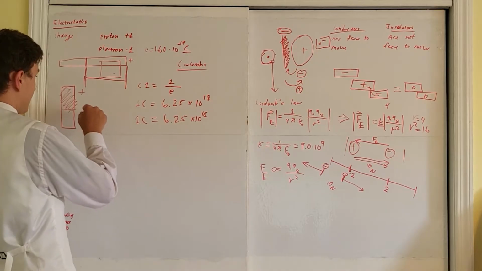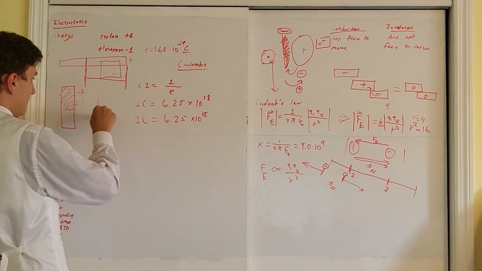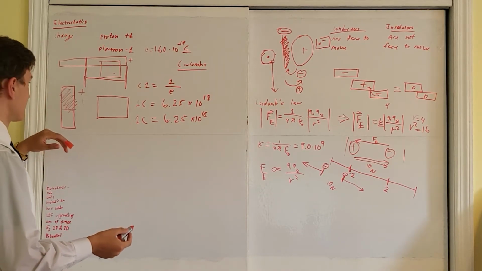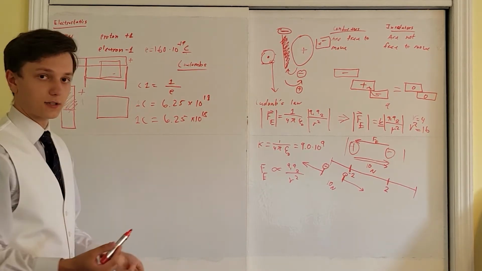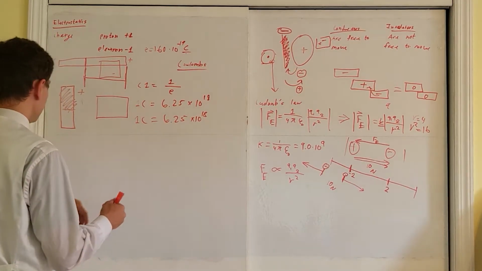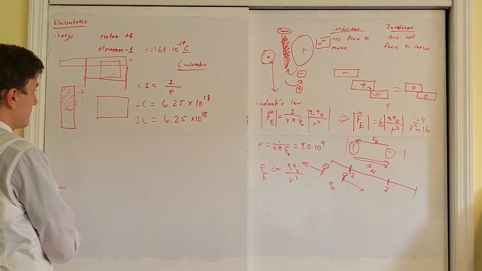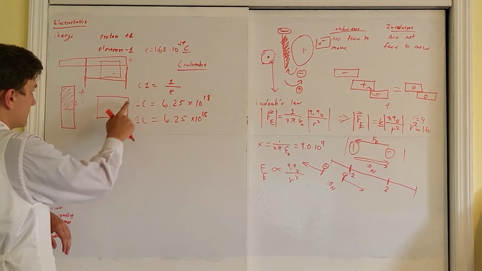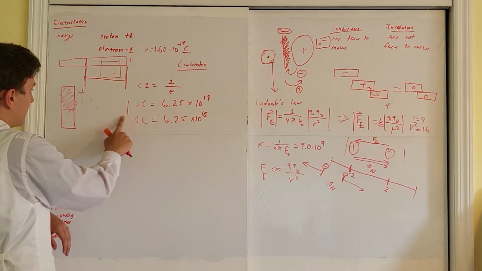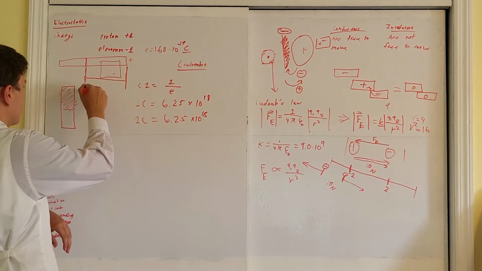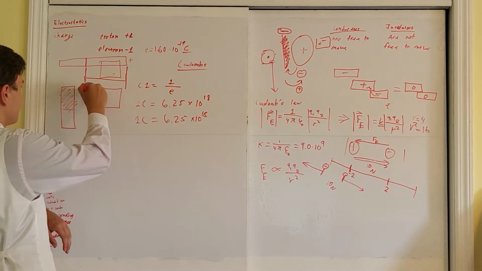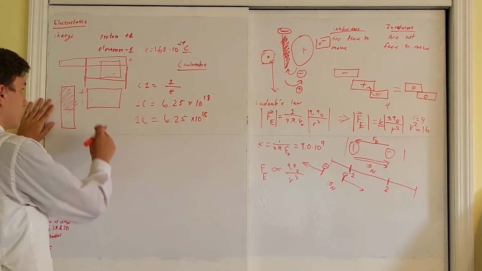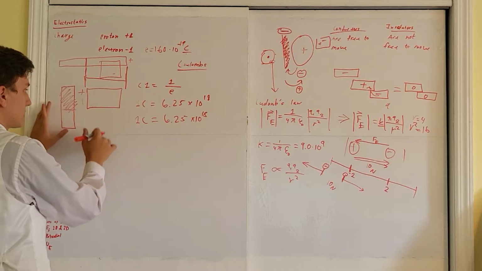Let's reassume that this is an insulator, okay? And let's say that I were to bring a block of steel here, steel being a conductor. The electrons in a conductor are free to move about however they please. The positive charge on this rod, if I bring it much closer to the steel brick, let me draw it so that you can see what I'm talking about, the positive charges on the rod are going to attract the electrons within the conductor.